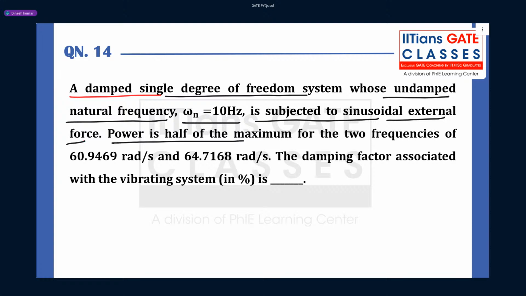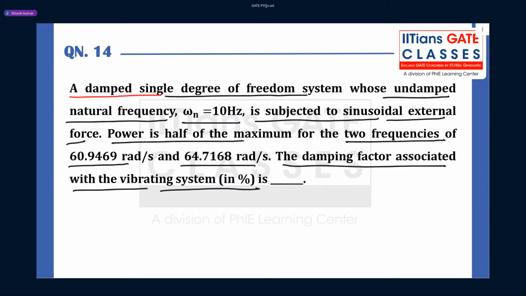Power is half of the maximum for two frequencies of 60.9469 radian per second and 64.7168 radian per second. The damping factor associated with the vibrating system, in percentage? So guys, these two frequencies correspond to the half power points.